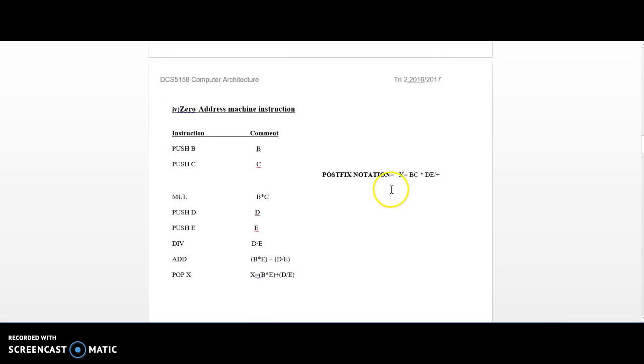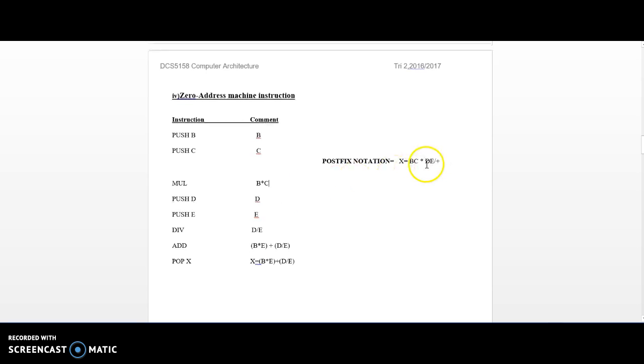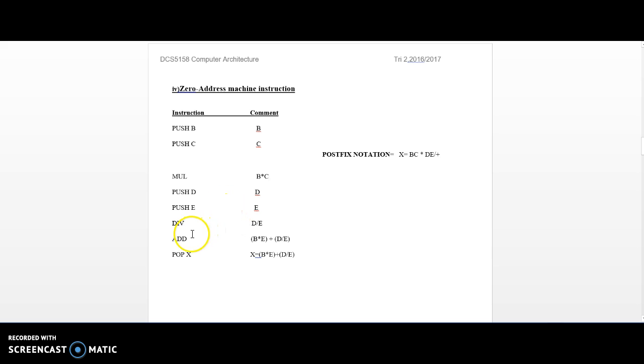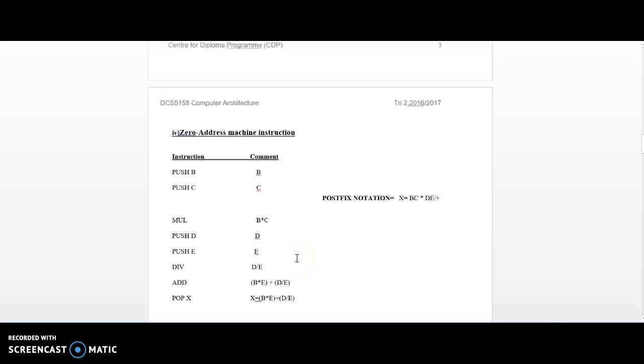You write exactly like this equation: push B, push C, and you write mul, which is short for multiplication, and you follow up with push D, push E, divide, and add, and you get pop X, which is this infix notation.